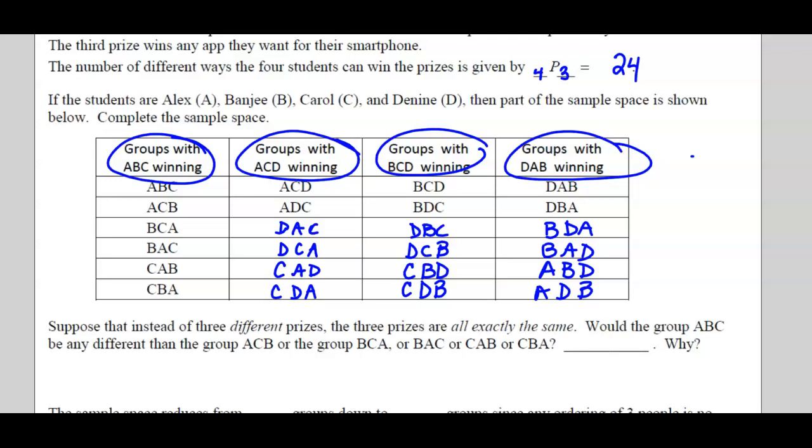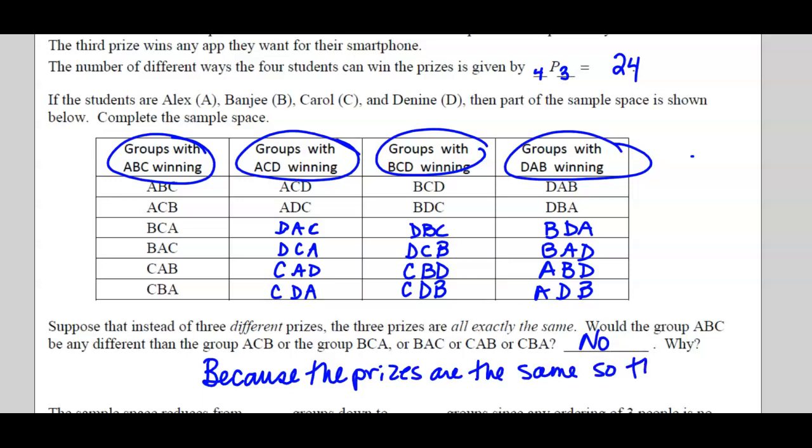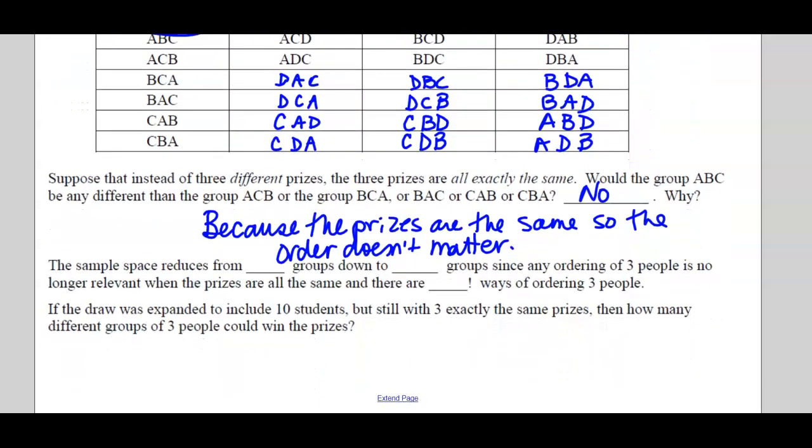Okay? So, no, because the prizes are the same, so the order doesn't matter. Okay. So the sample space reduces from 24 groups down to 4 groups.